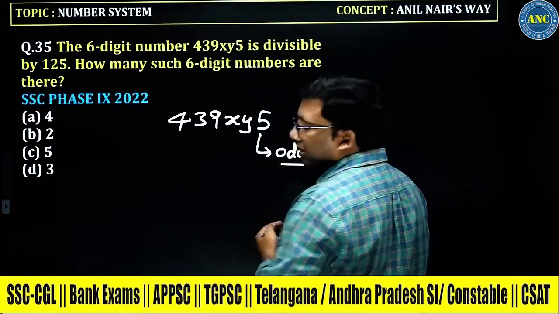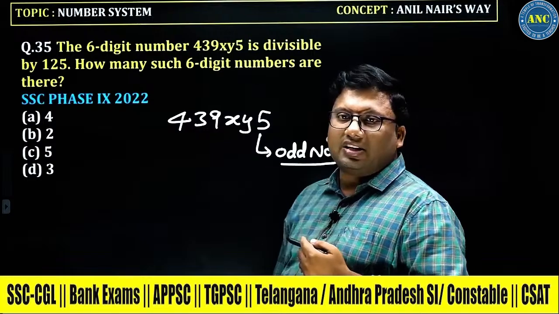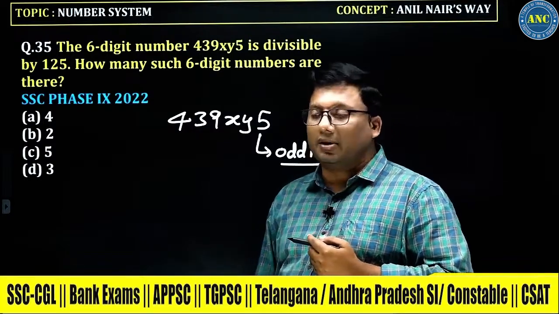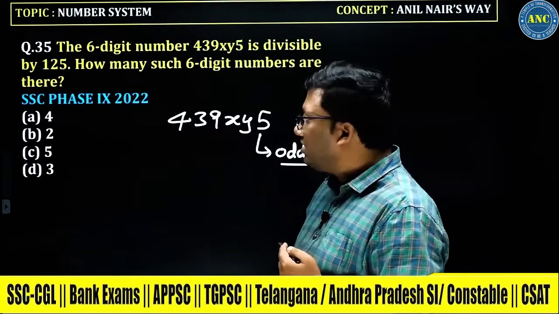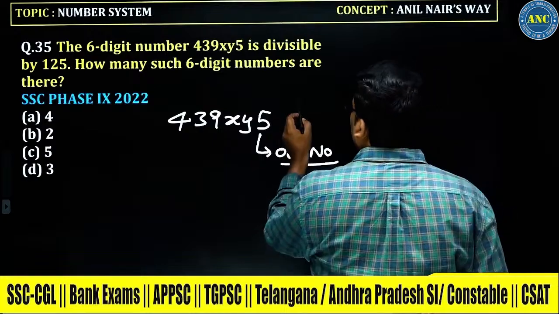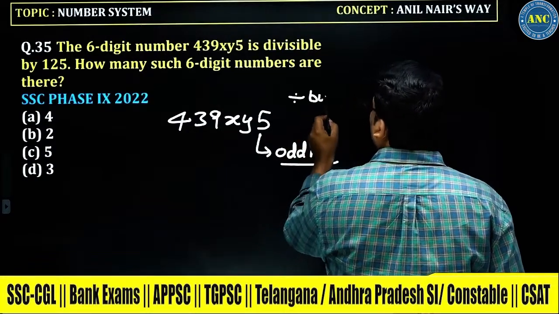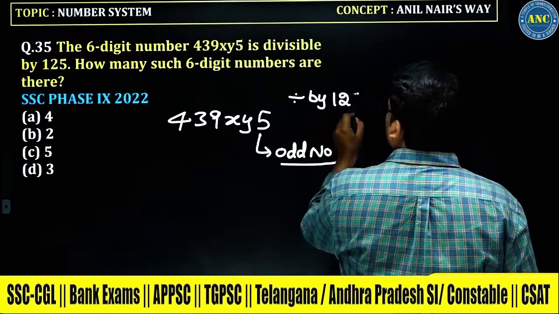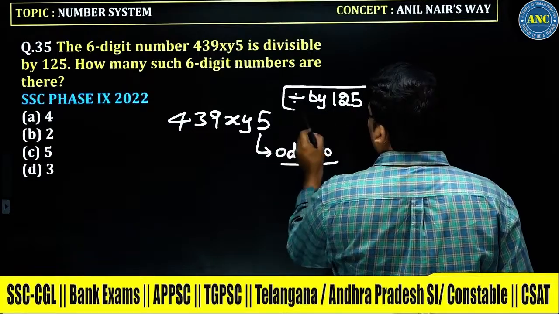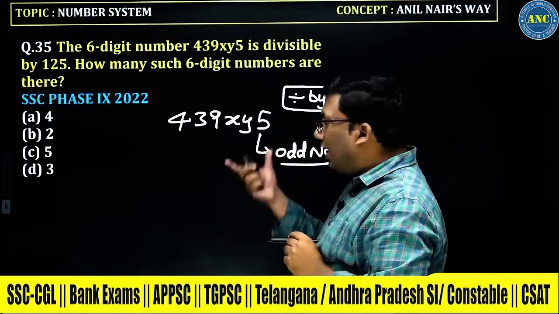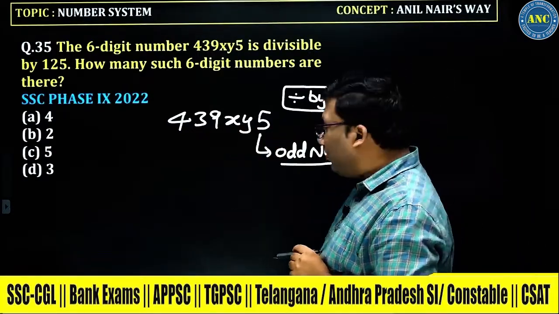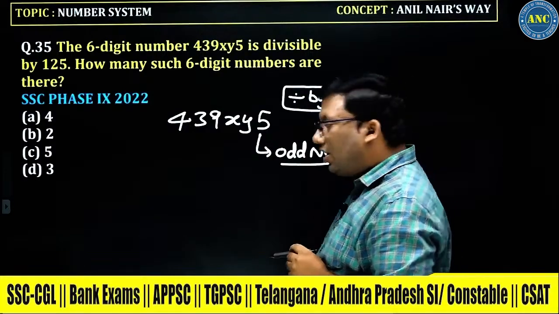It is ending with 5, so it is an odd number. And this number is divisible by 125. The entire number is divisible by 125, but it is an odd number.